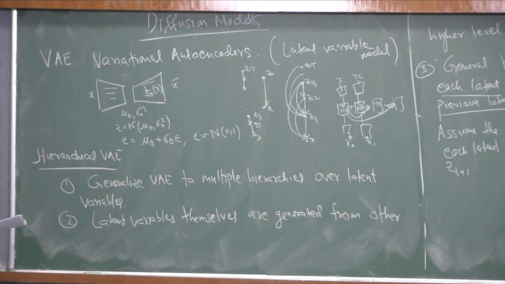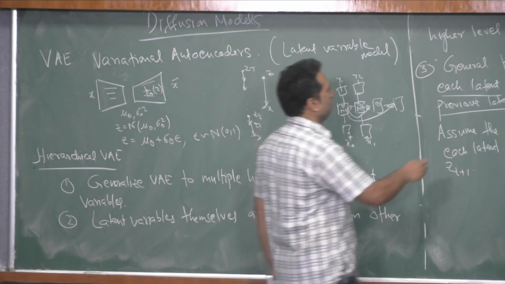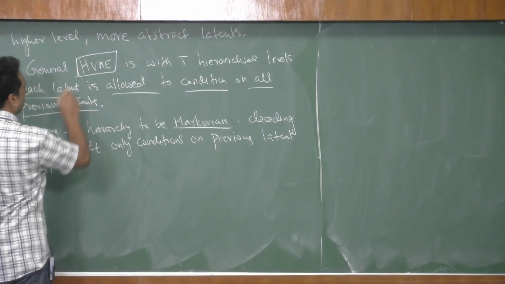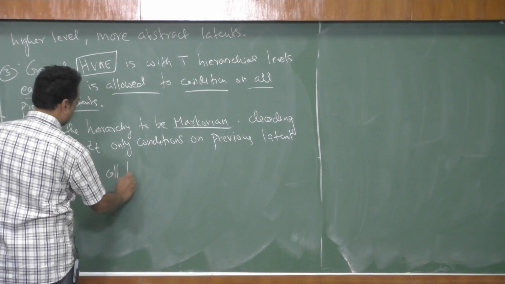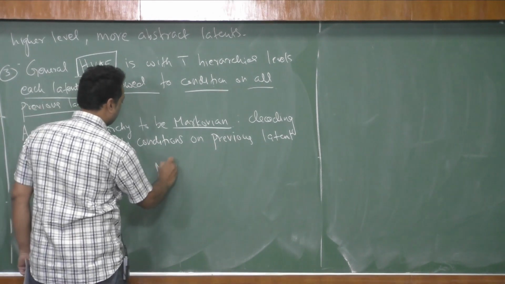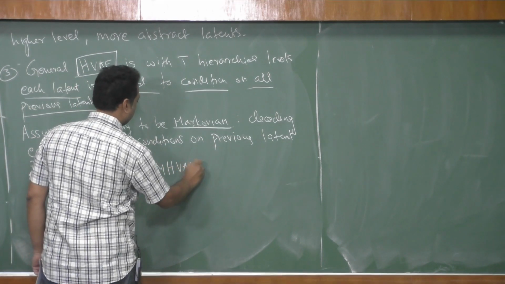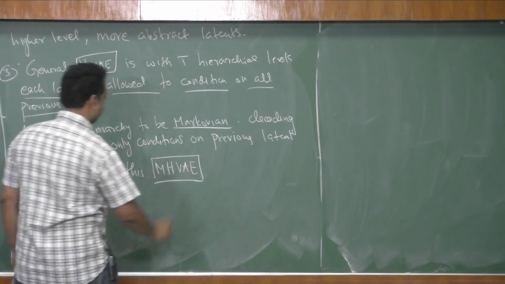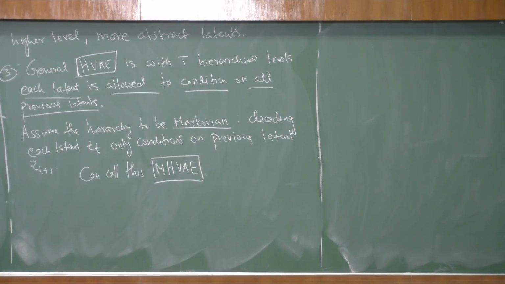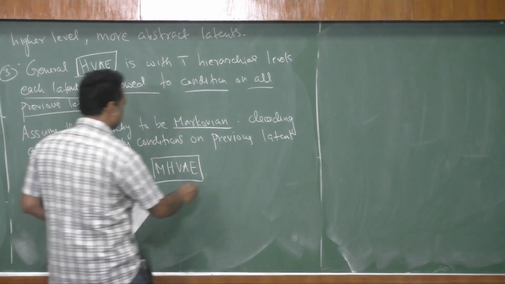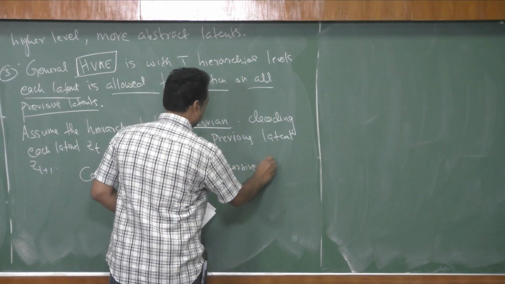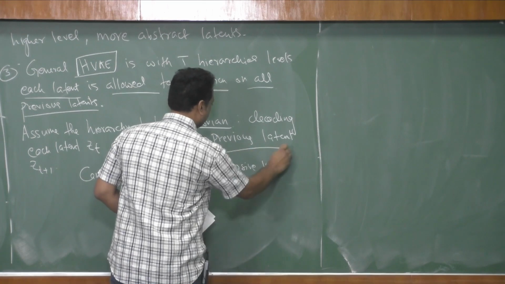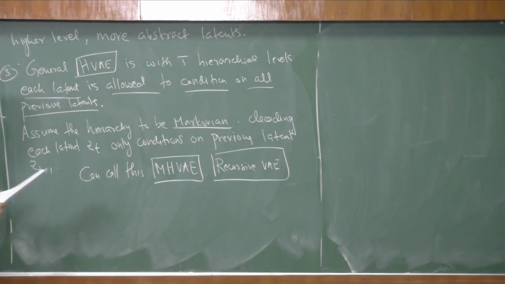Okay, so we are using this word hierarchical VAE, and we can call this Markovian HVAE, or another name could be recursive VAE. That also sounds good, recursive. Basically we are applying VAE recursively.